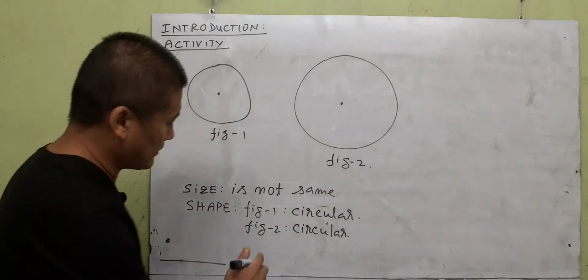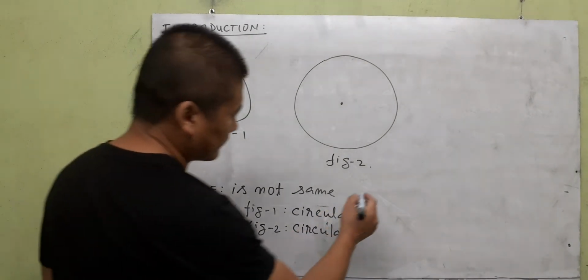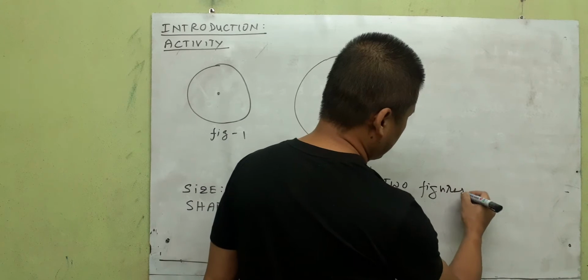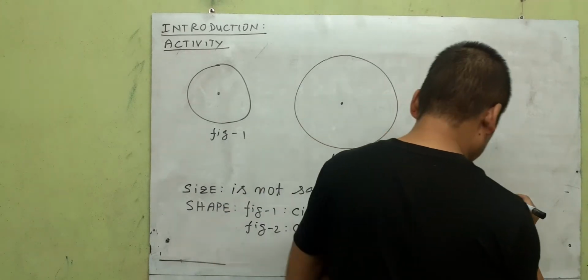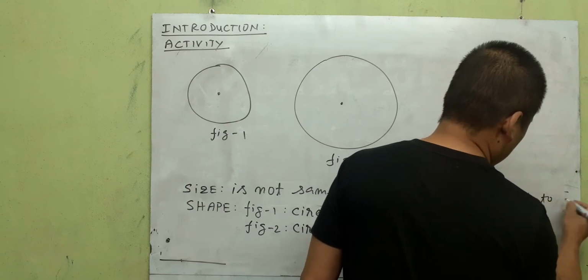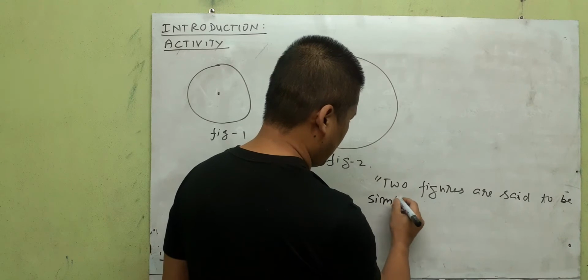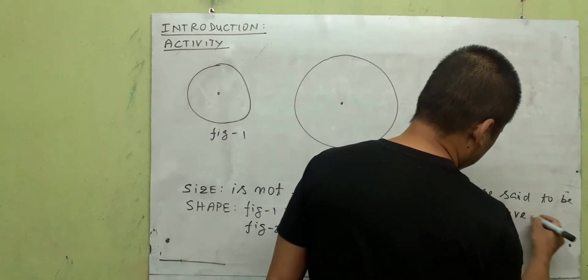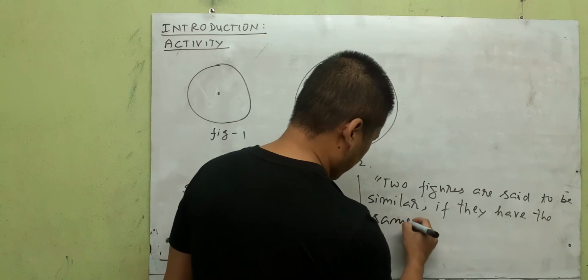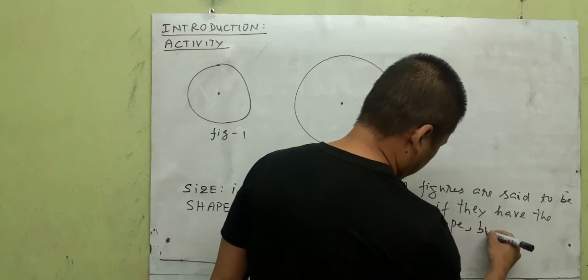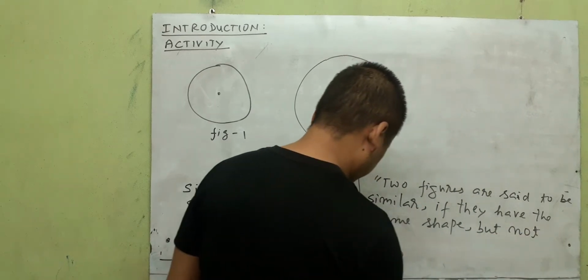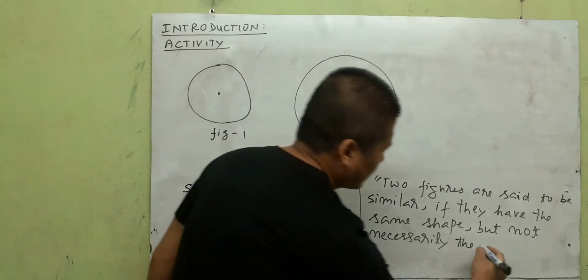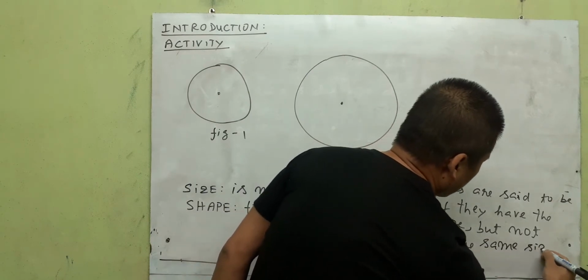Okay, so let us write down the definition for similar figures. So write down here. Below you can write, two figures are said to be similar if they have the same shape but not necessarily the same size.